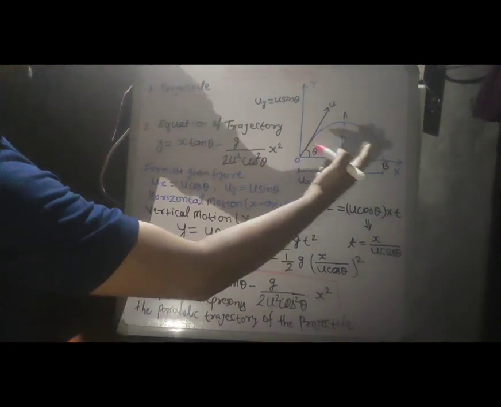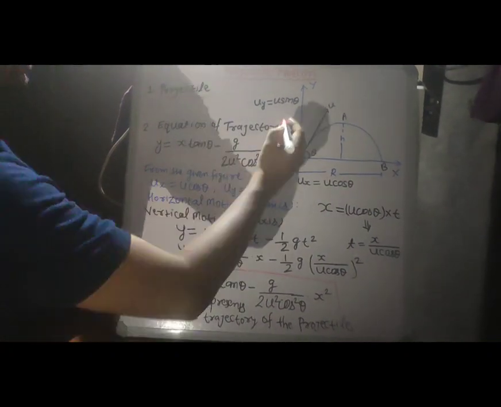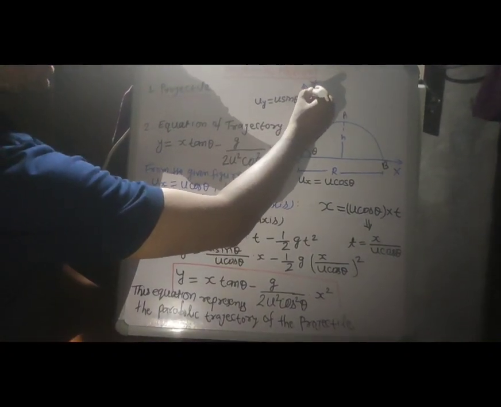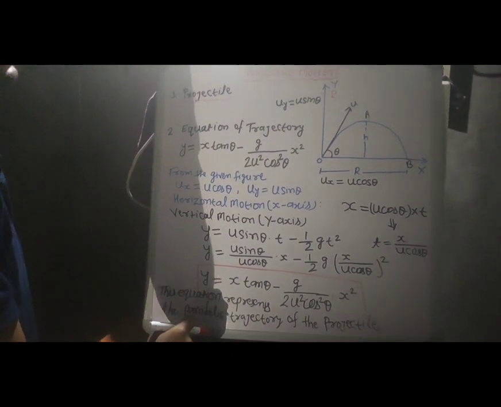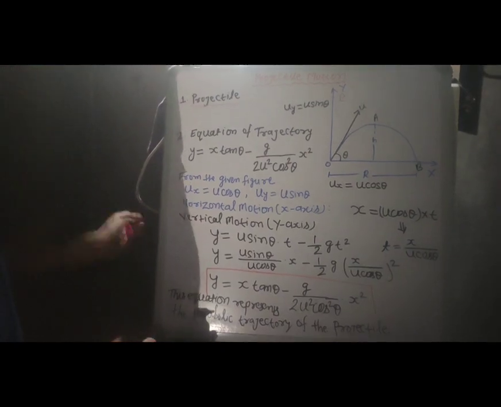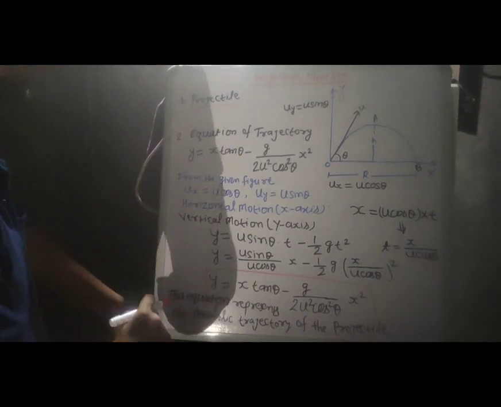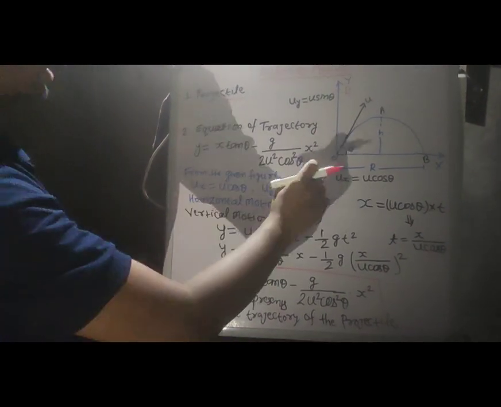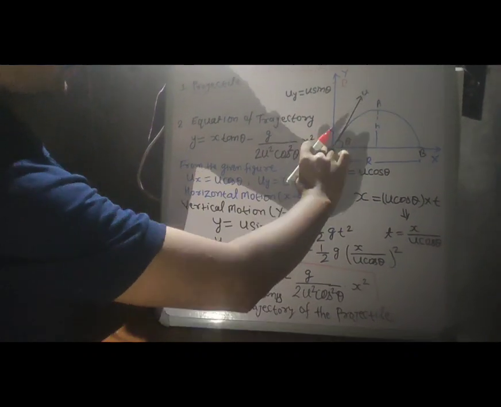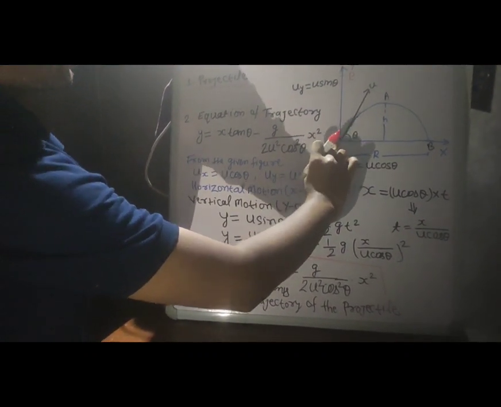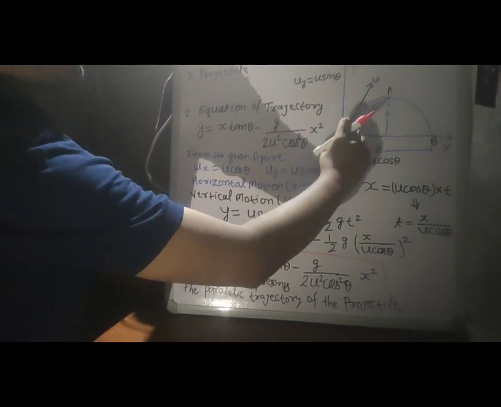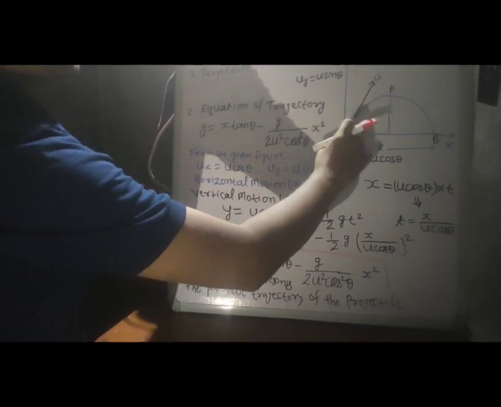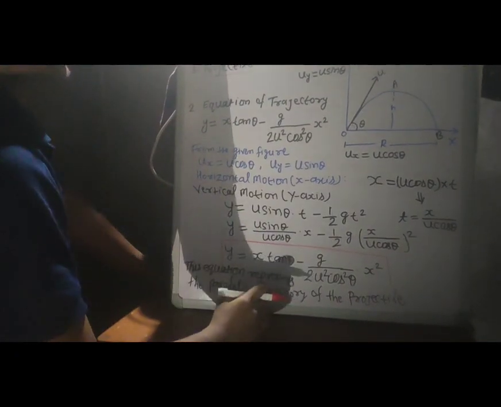From this given figure we can say that OB is called the range, that is the horizontal distance covered by the object, and OP is the height, meaning the vertical distance covered by the object. From this diagram we can see that the projectile is projected with initial velocity u, making angle theta with the x axis.